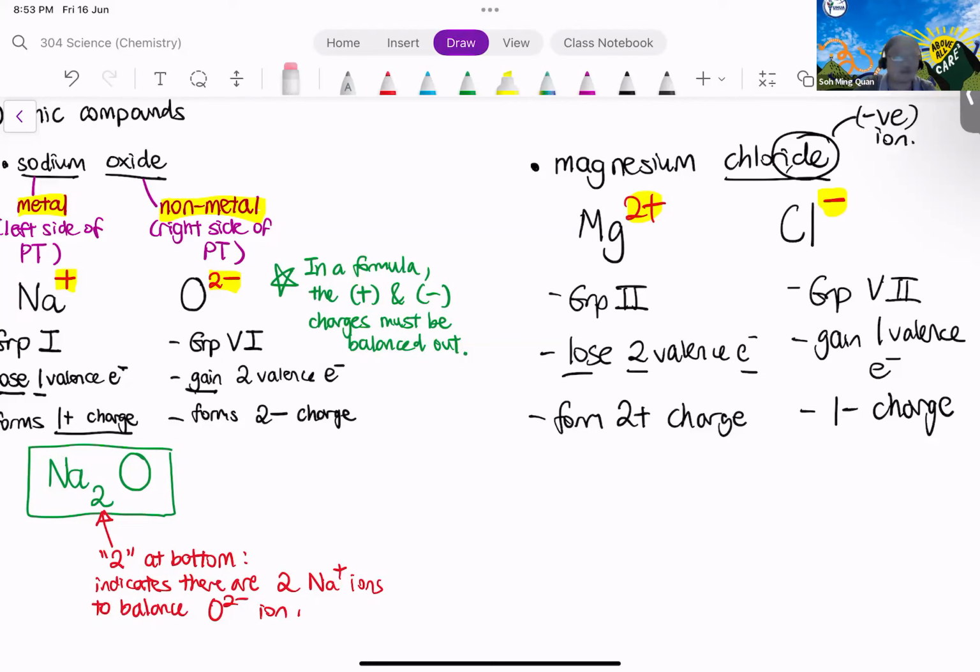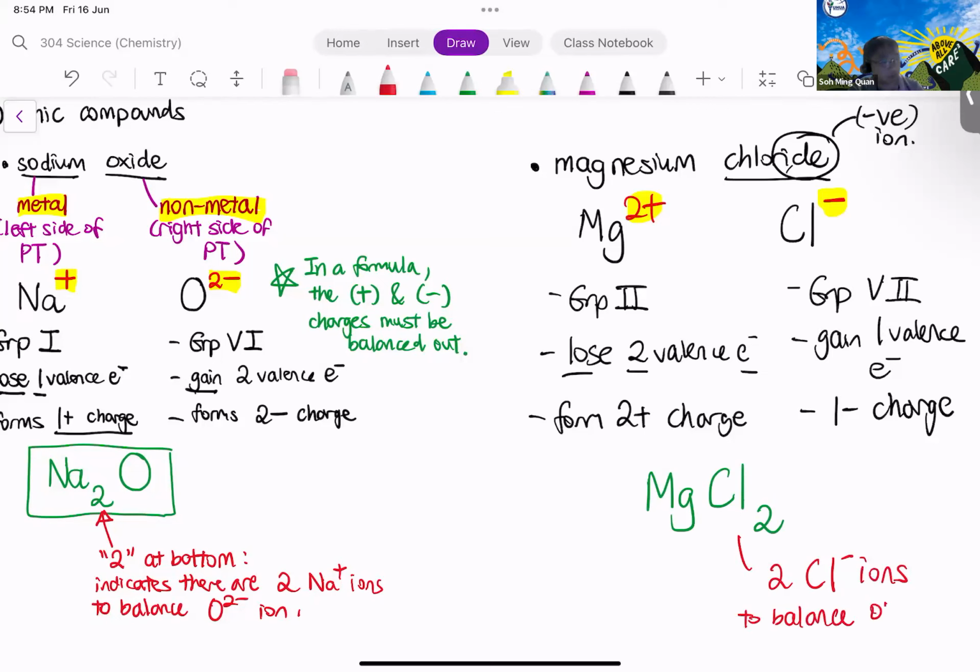To balance themselves out, you gotta ask yourself, okay, clearly I'm gonna need twice the amount of chloride ions. So again, 2 Cl minus ions to balance out 1 Mg2 plus ion. Okay, so this is how we write formula.